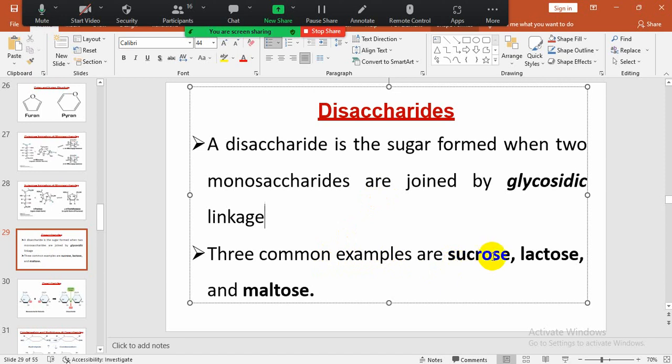So sucrose is made up of what? What sugars?